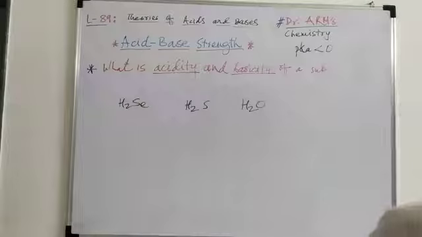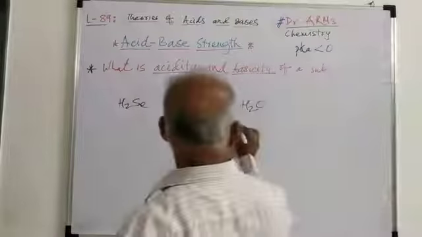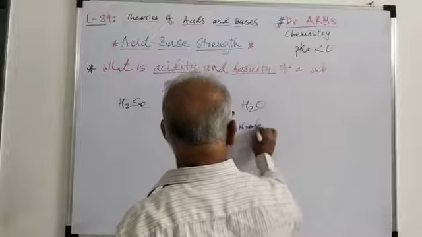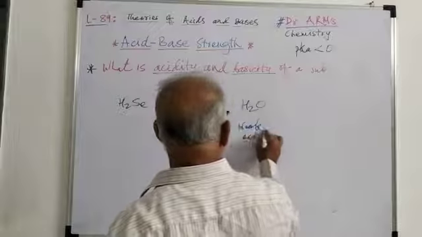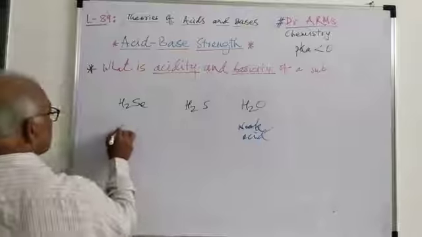Here you will find that H2O is a weak acid, and H2Se is a strong acid.